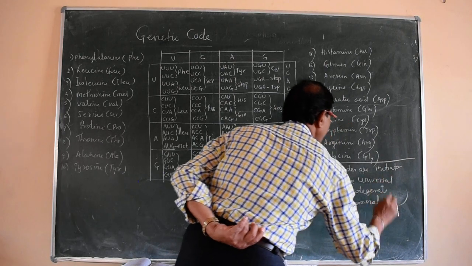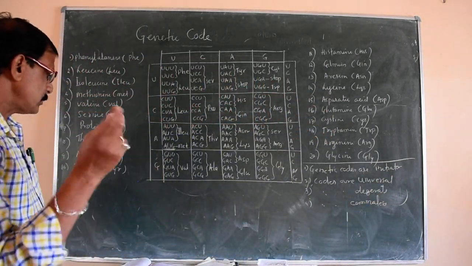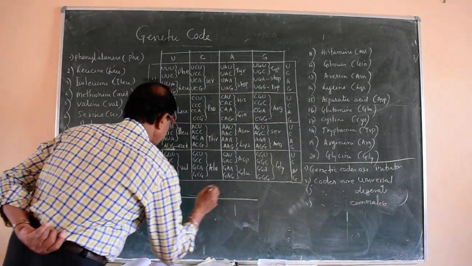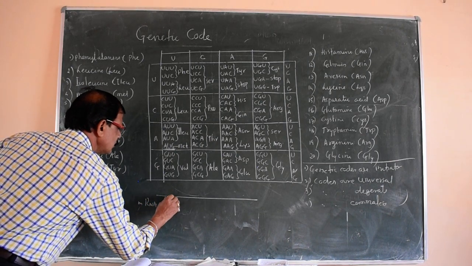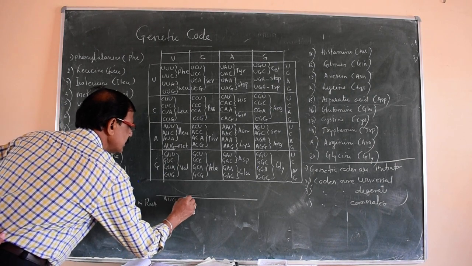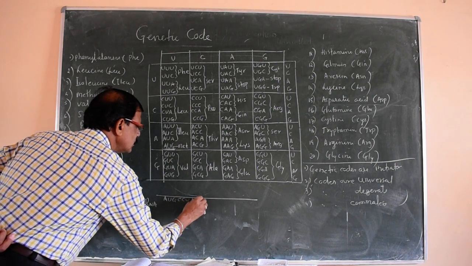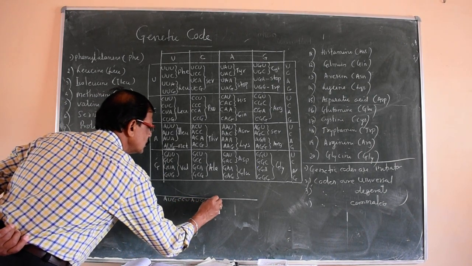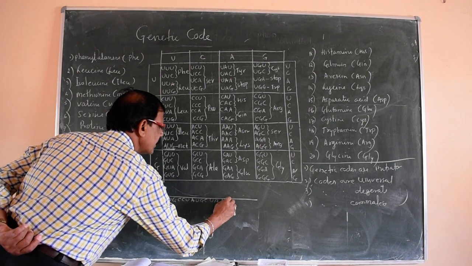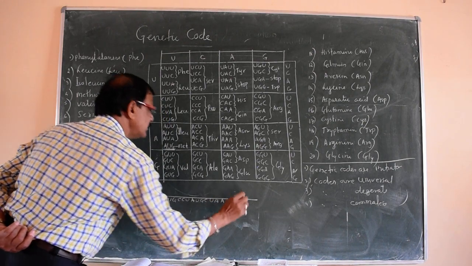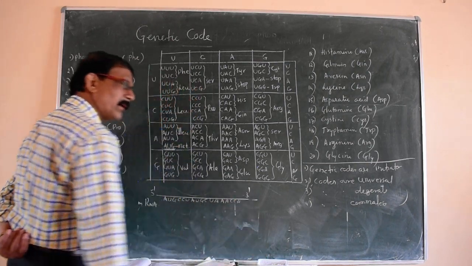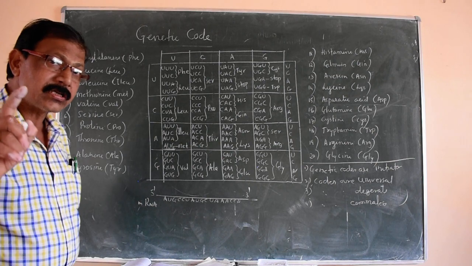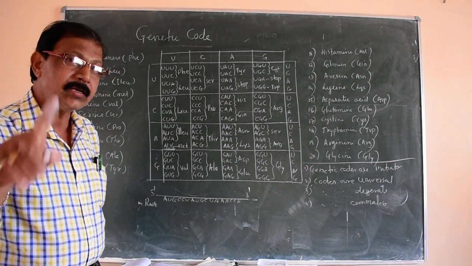Codons are commaless. If I start to read the mRNA strand, it is AUG, CCU, AUC, CUA, AAA, CCA. These run from the 5' end to the 3' end of the mRNA strand, and on the mRNA strand the genetic codes are depicted.